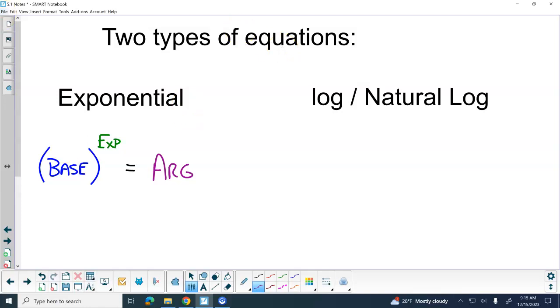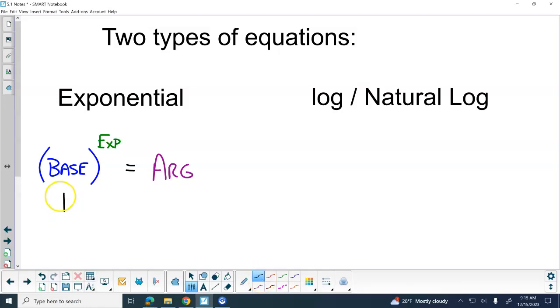A couple of things about an exponential function.